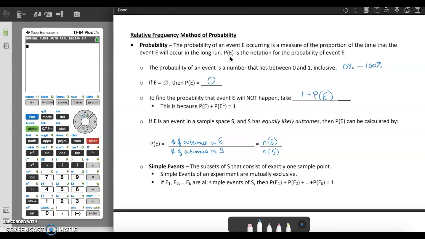I would take the number of outcomes that I'm interested in, divided by the total amount of outcomes that could happen, and divide that out, and that would give me my probability.